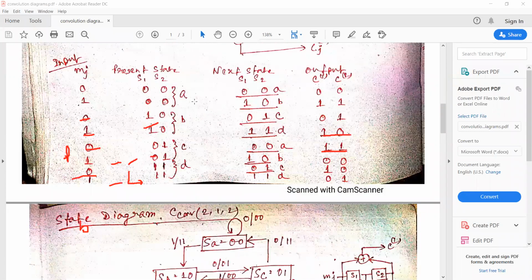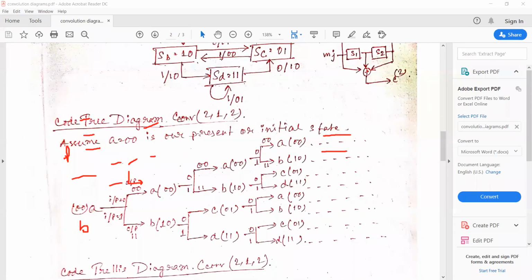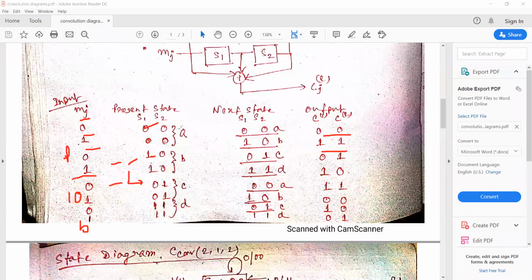B means 10. So instead of 00, you have considered 10. Now what is the possible next state? C and D. When you give message 0, the next state will be C. When you give message 1, the next state will be D, and the corresponding output will be written above the arrow.